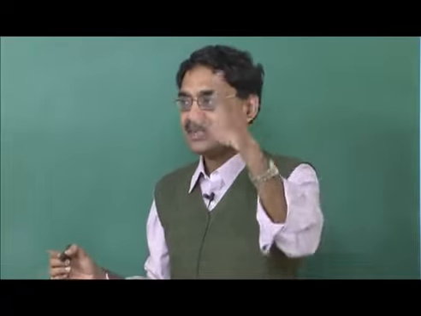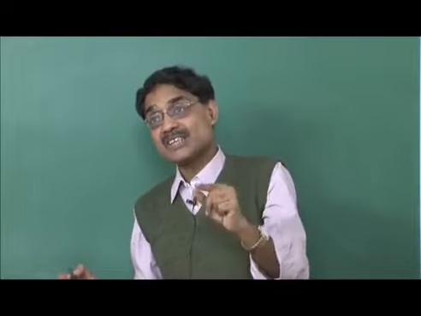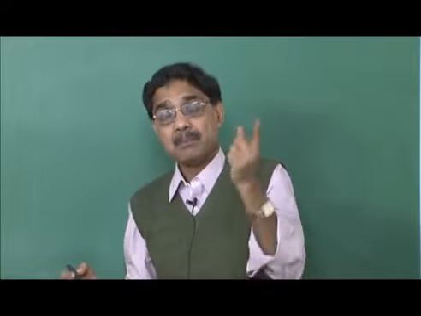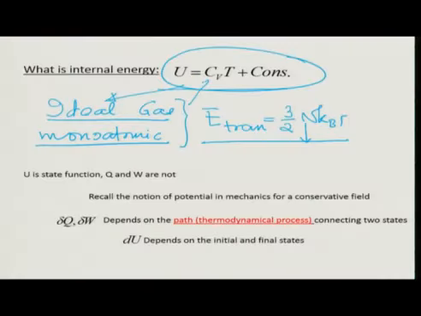I count the degrees of freedom taking either translational, or translational plus rotational, or translational plus rotational plus vibrational. All that information goes into this CV. So, it is the kinetic energy if you talk about ideal gas molecules.